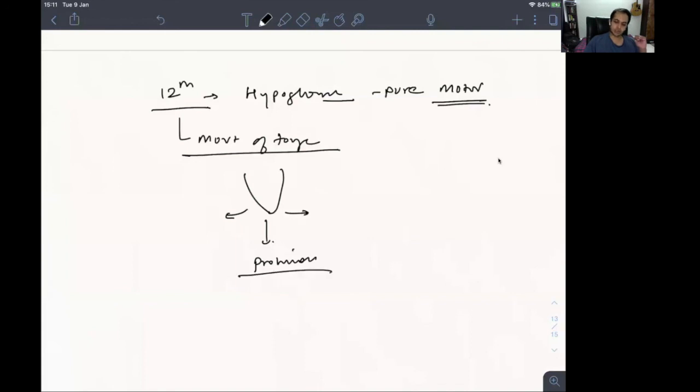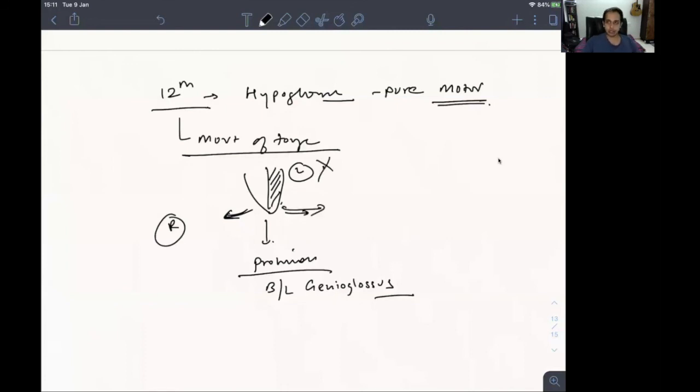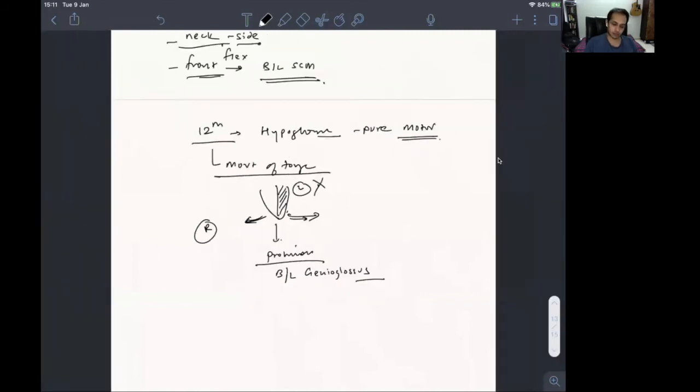Protrusion is bilateral genioglossus action, and side to side is opposite. So your left genioglossus will push it to the right. Which is why if there is left weakness, then the movement of the tongue will be towards the same side.